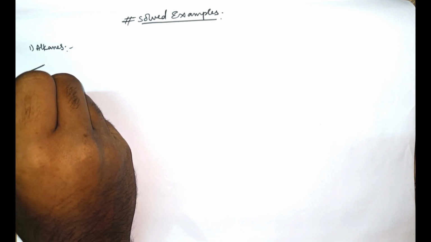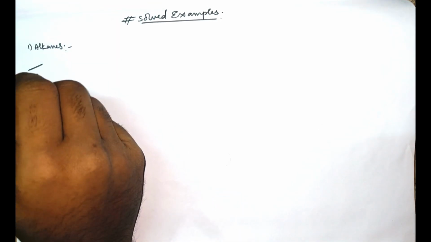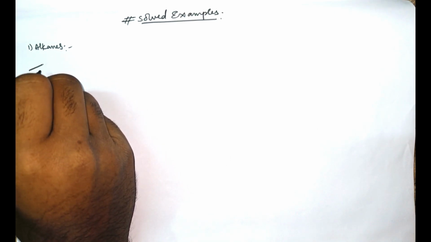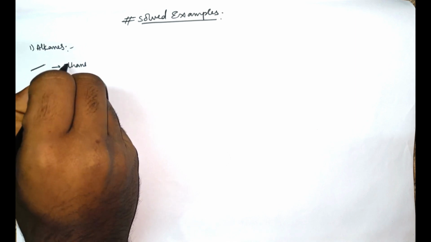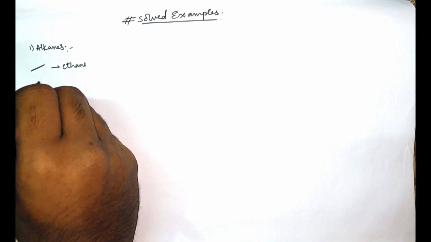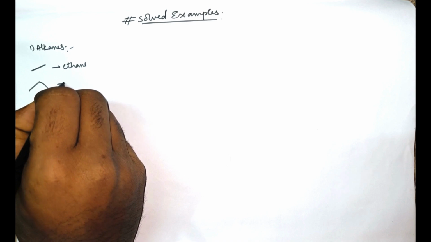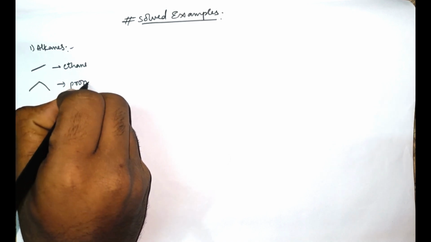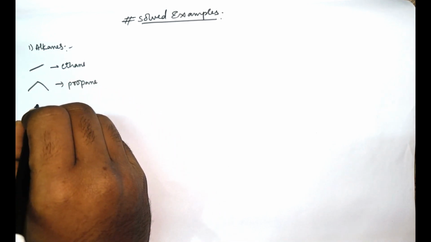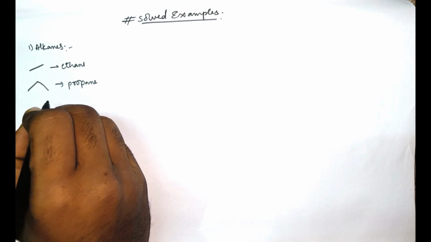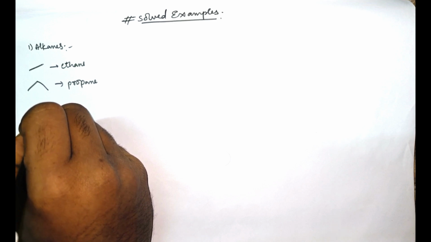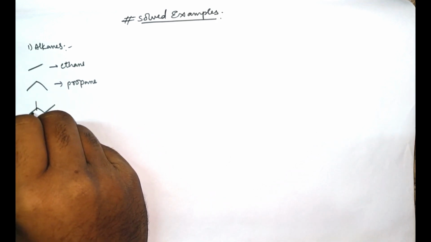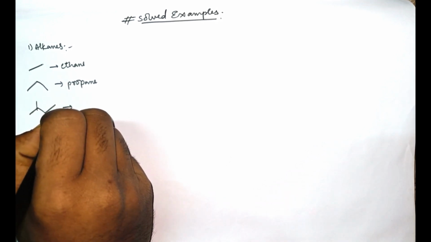It has two dots, in the sense it represents two carbons. And as no unsaturation is present, it's ethane. And this one has three dots, it's propane, as there is no unsaturation. And now let's look at this one. It has no unsaturation, as I've told you.